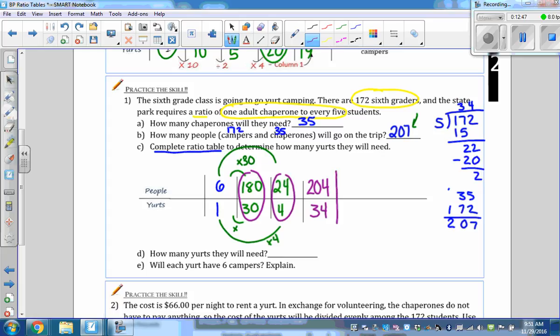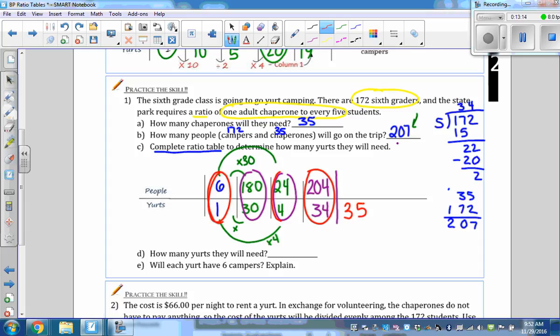But I need 207 people. So I basically just need 1 more yurt. I'm going to add 1 more yurt. So I'm going to add this yurt to this right here. So 34 plus 1 more yurt would give me 35 yurts.